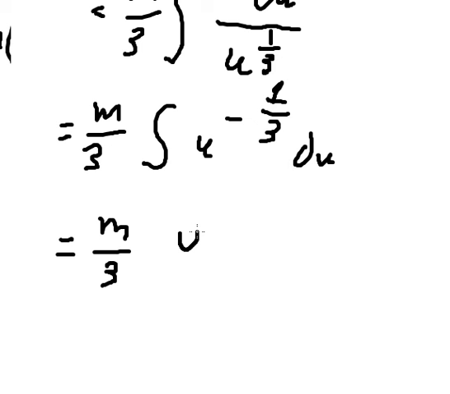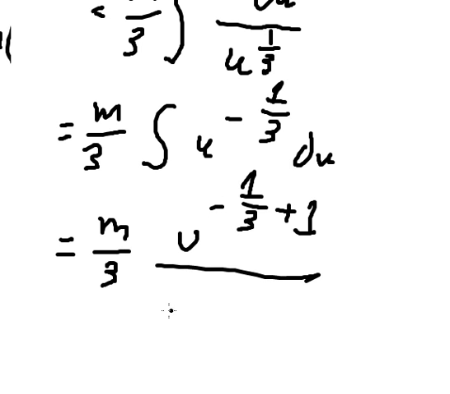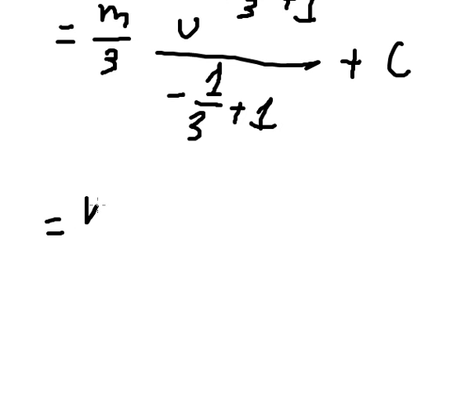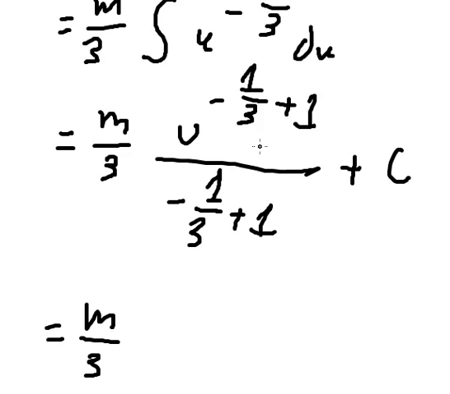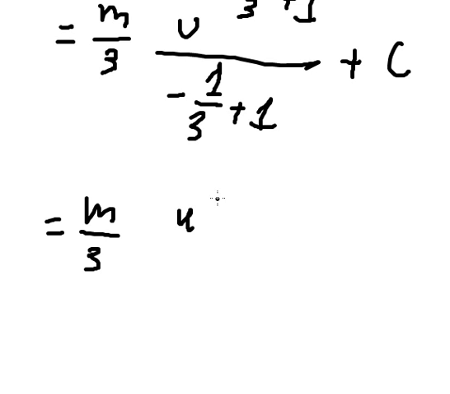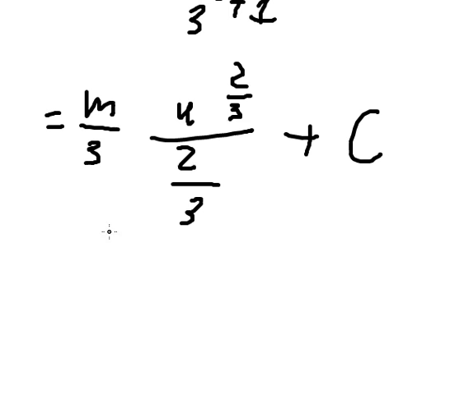This one we have u to the power of negative 1 over 3 plus 1 over negative 1 over 3 plus 1, and we put c. This one we have 2 over 3, and we put c.